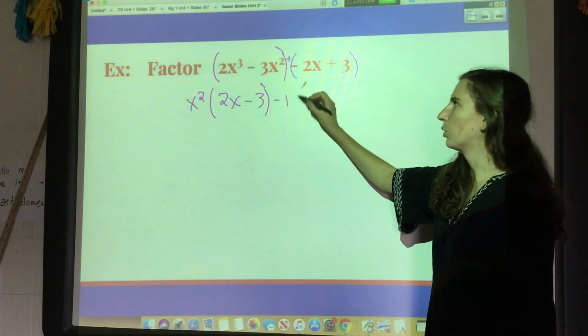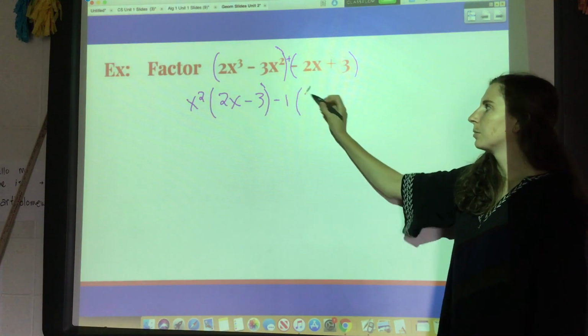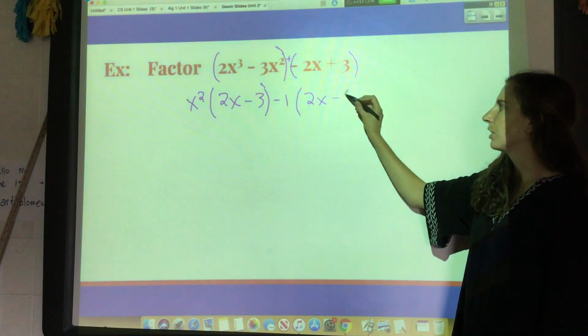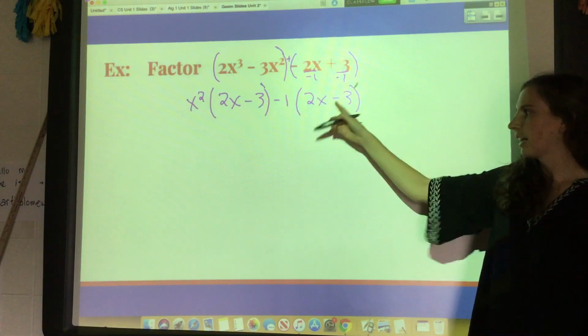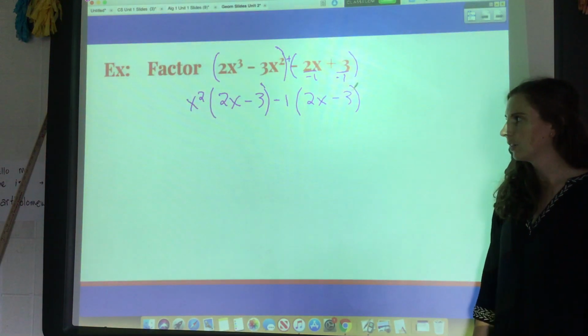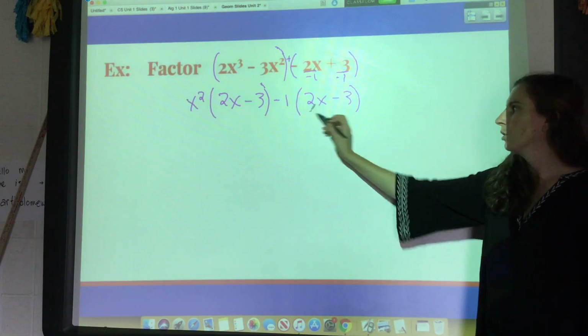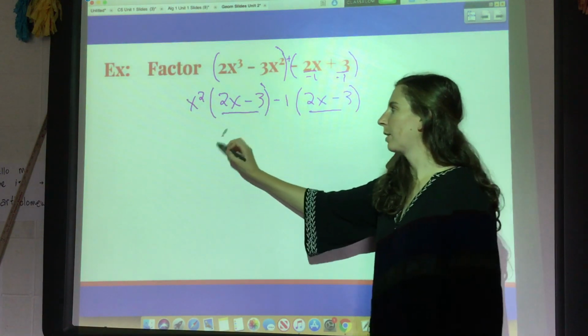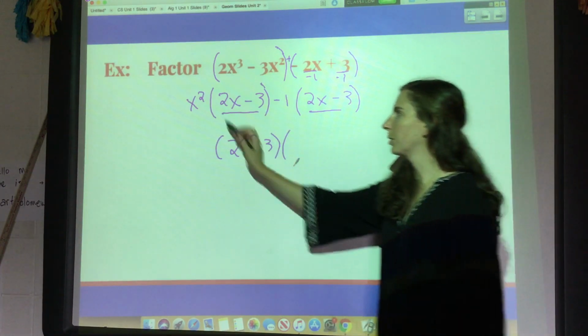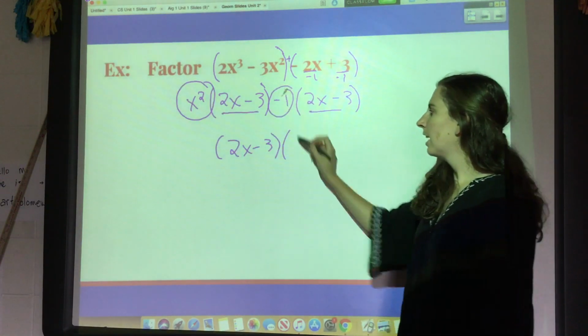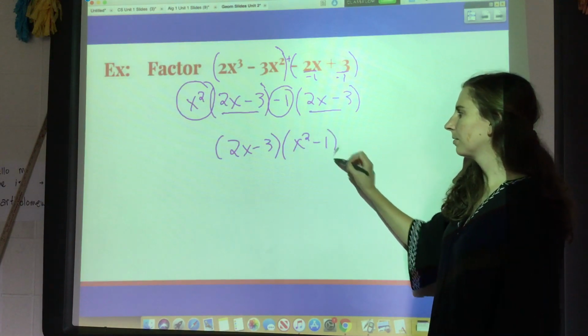Because if I do a negative 1, now what I have left is positive 2x and negative 3. If you divide by negative 1s, you'll get this. Okay, now this group does match this one. That's one of my factors. And the other factor comes from combining the GCFs, x squared minus 1.